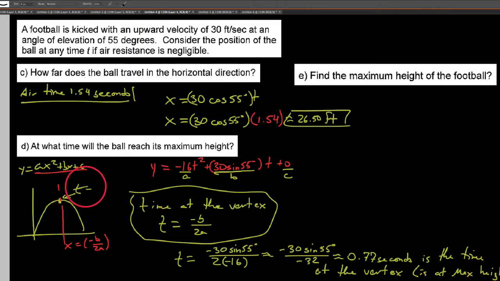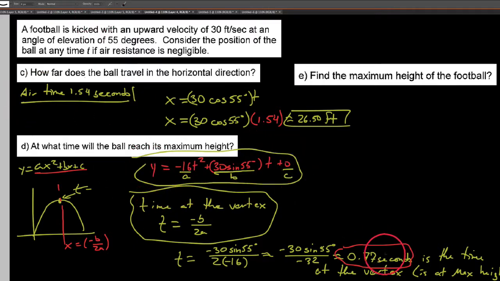So now, if that's the time at which our ball reaches the maximum height, 0.77 seconds, then to find the maximum height of the football, I'm going back to my parametric equations. I'm going to use my y equation, but plug in 0.77 seconds for the time, because that is when it reaches the maximum height.